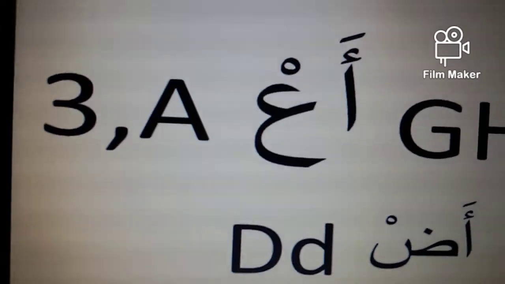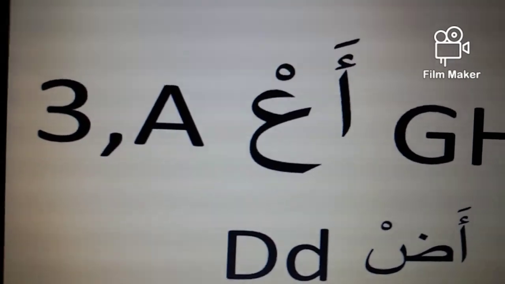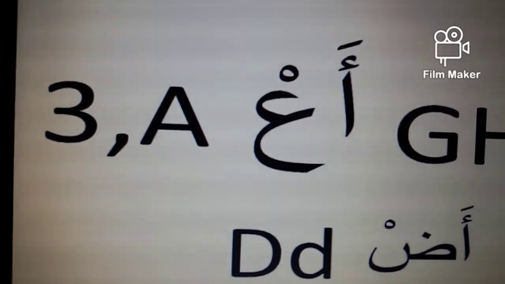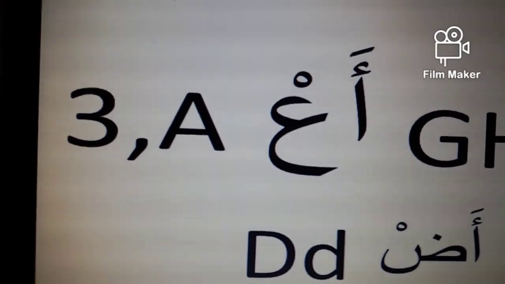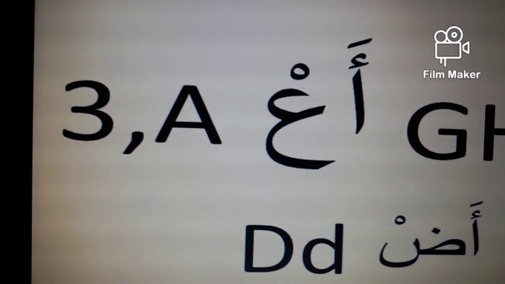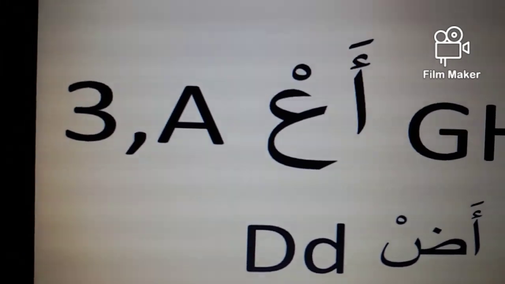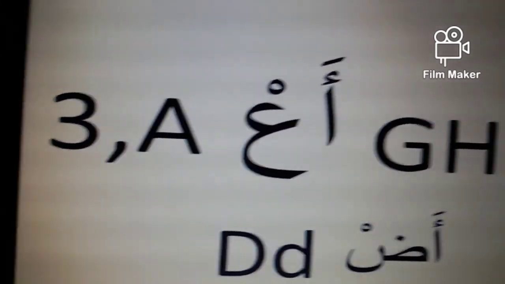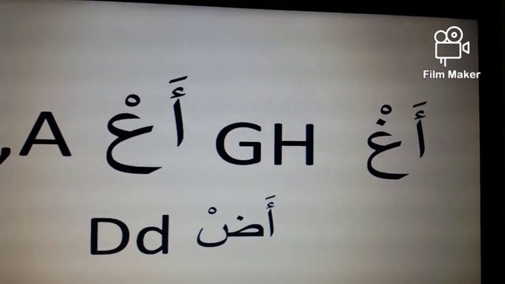That ayn, we put that 3 to represent the pronunciation of that letter, but you can say a. You can pronounce it as a, but it's not the right pronunciation. So try to match that pronunciation by saying a.